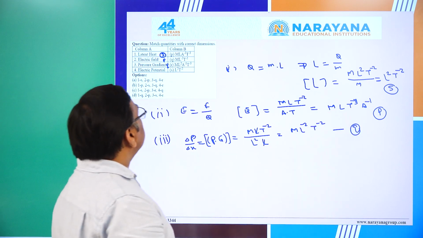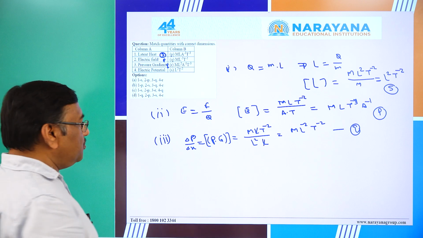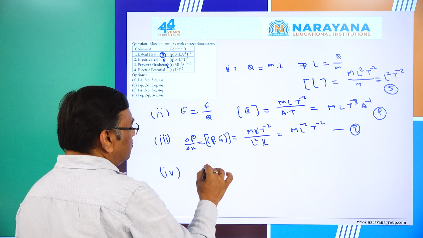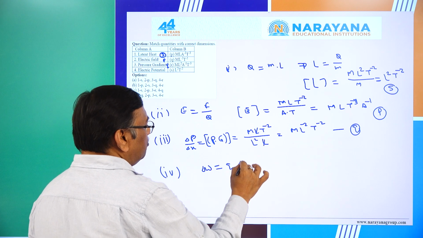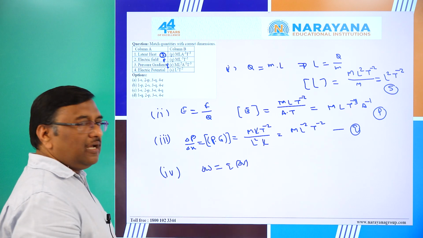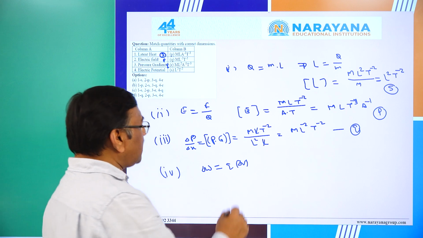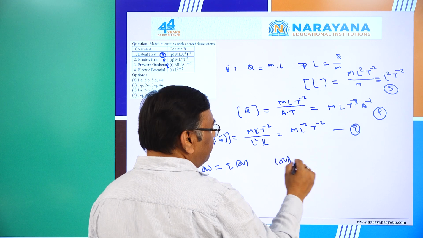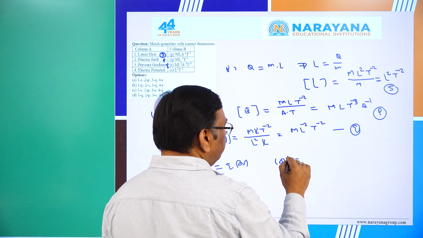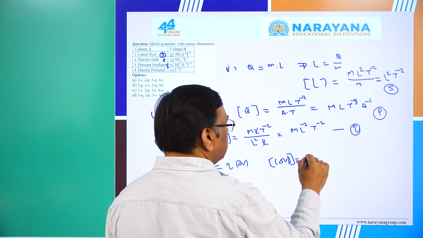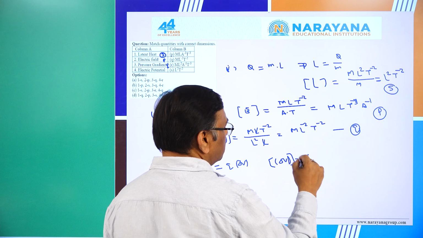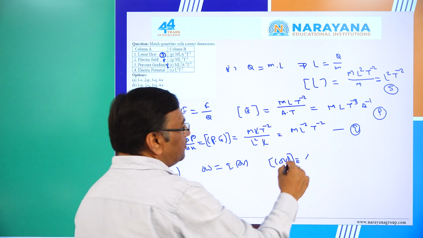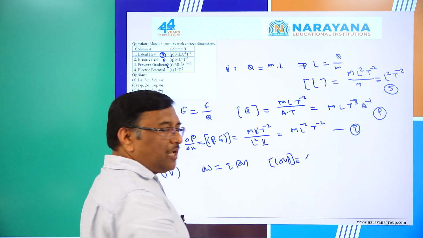Similarly, if you see the last one also, electric potential is the most simple one. Electric potential, how do we write the easiest formula? W is equal to work done is equal to Q into my potential difference. If you use this formula, it makes it much easier to get the dimensional formula for potential. I can write potential or potential difference. The dimensional formula for potential difference and for potential is going to be the same, because according to homogeneity of the dimensions, only those quantities can be subtracted or added which have the same dimensional formula.